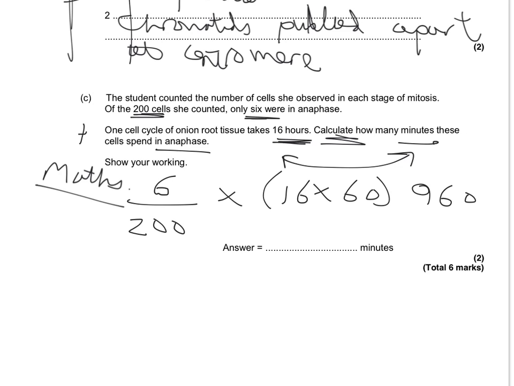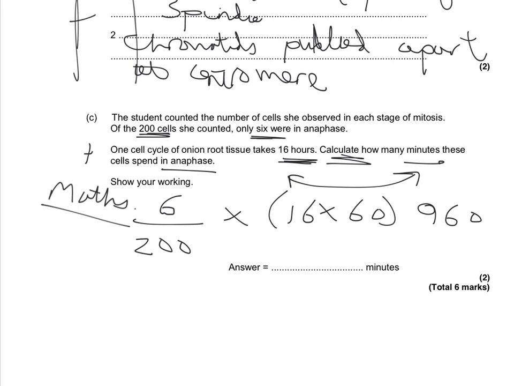Okay, so 6 divided by 200 divided by 960. If you can hear, I'm doing it myself, and I've got the wrong answer. I see what I've done. I pressed the wrong button on my calculator. Isn't that good? So 6 divided by 200 gives me 0.03. Times that by 960 minutes, and that gives me 28.8 minutes, or you can round it up to 29. That's fine. So you get 2 marks for that. So some basic math skills there.